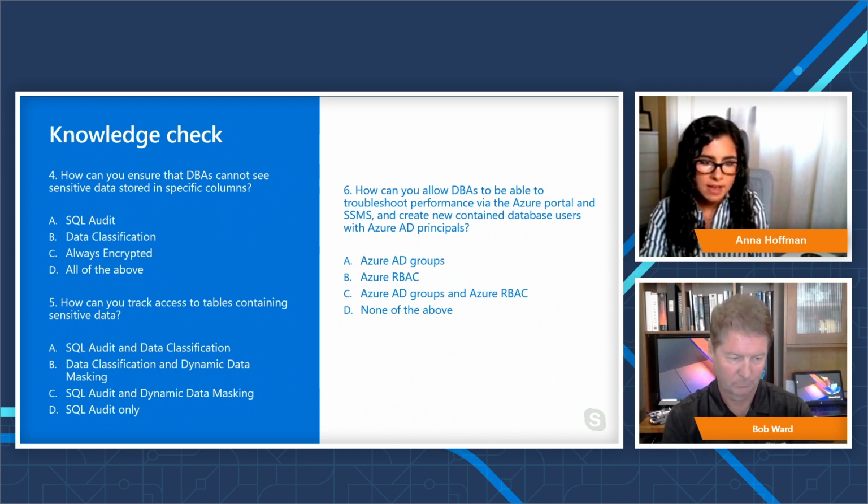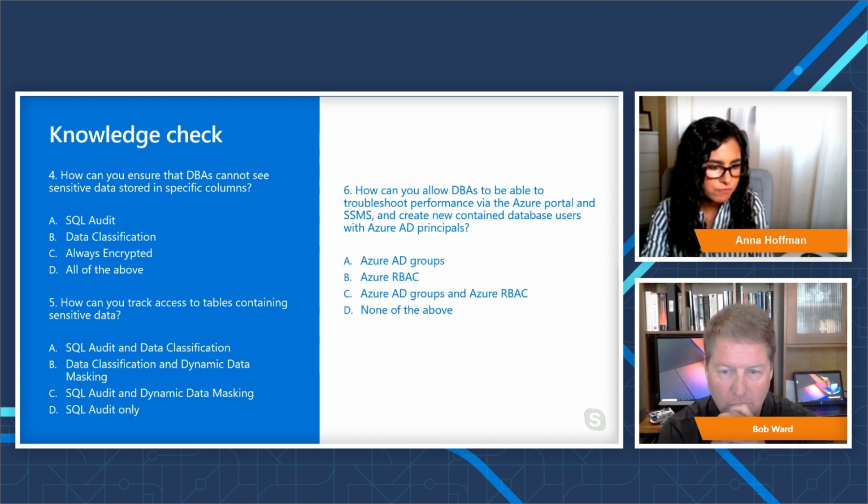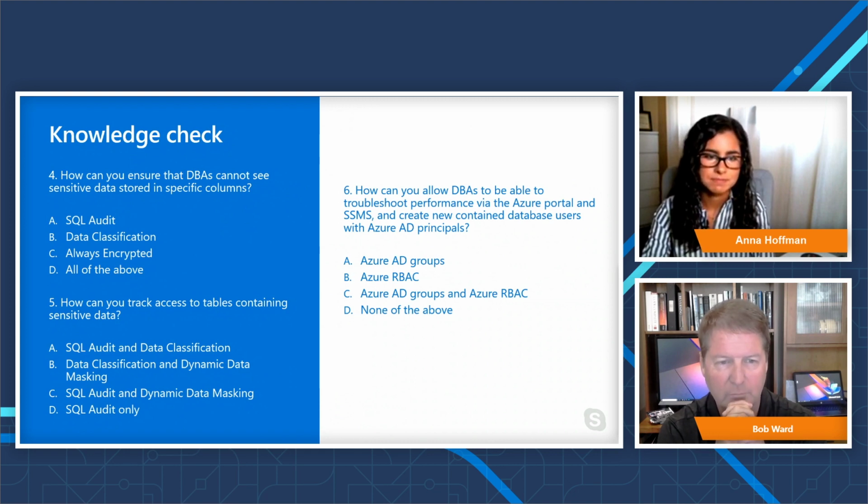Bob, do we want to go ahead and kick it off and we can start talking about question 4? I'm seeing a lot of C's and a few D's. Okay. What about 5? What are you seeing there? For 5, I'm seeing a good mix of answers.